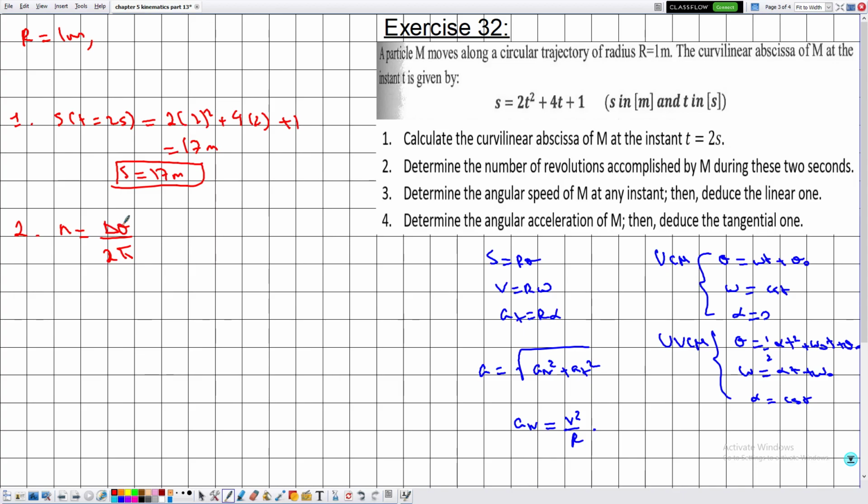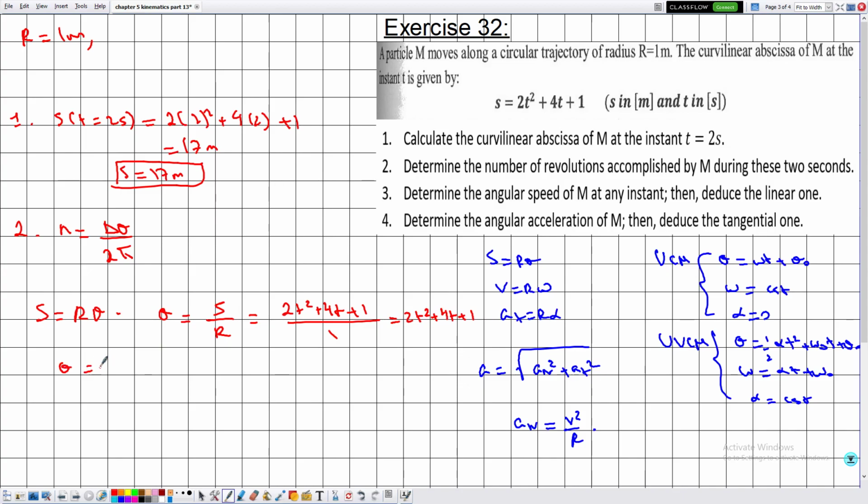So we don't have theta, we have s. So s and theta are related via the following formula. S is equal to r theta. So theta is equal to s divided by r, which is equal to 2t squared plus 4t plus 1. Since r is given by 1, this is indeed theta.